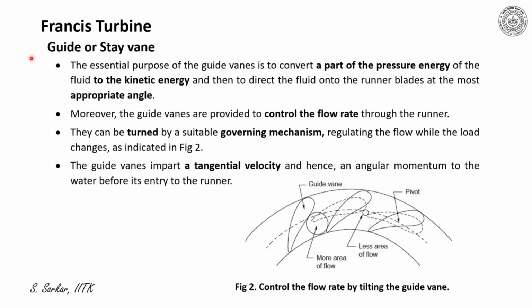The essential purpose of the guide vane is to convert a part of the pressure energy of fluid to the kinetic energy and then to direct the fluid onto the runner at the most appropriate angles. Moreover, the guide vanes are provided to control the flow rate through the runner.